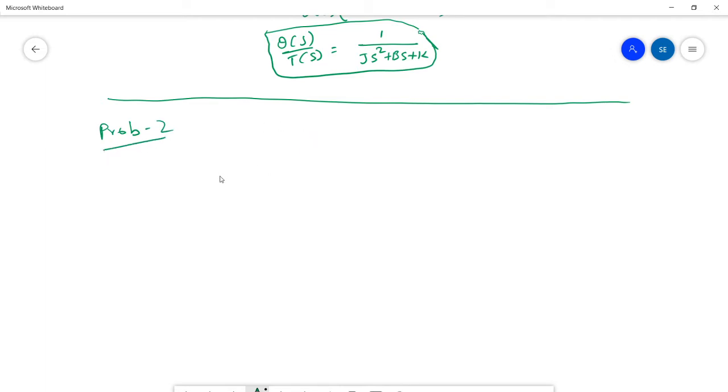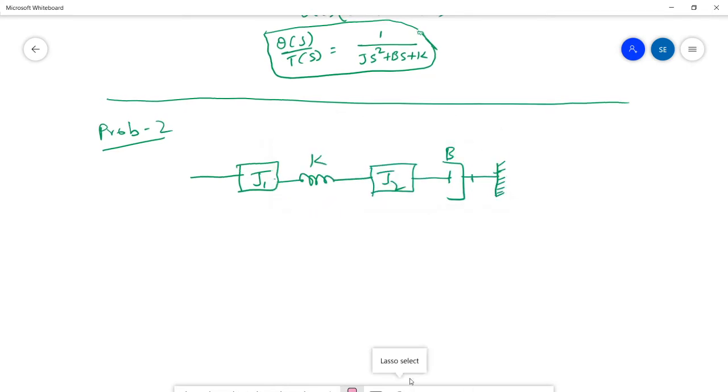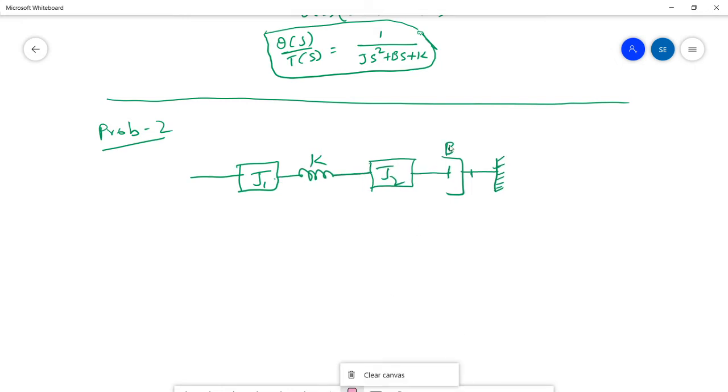Let us consider another rotational system. J1 and a spring K, and J2 is another moment of inertia, and it is fixed to dashpot B, and we'll connect it to a fixed end, right? The dashpot is fixed.